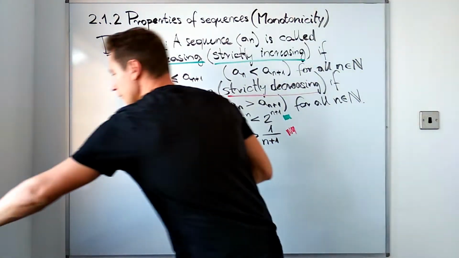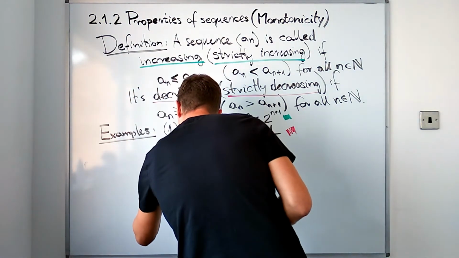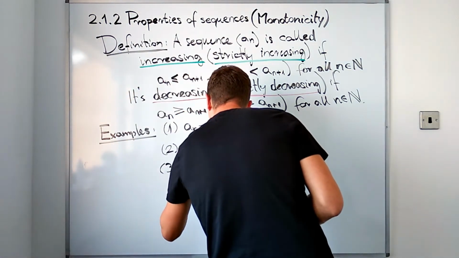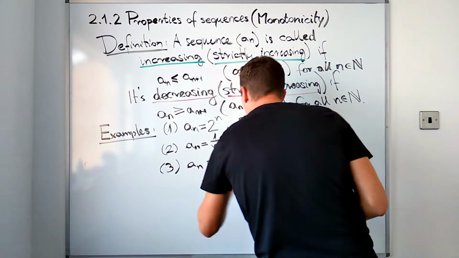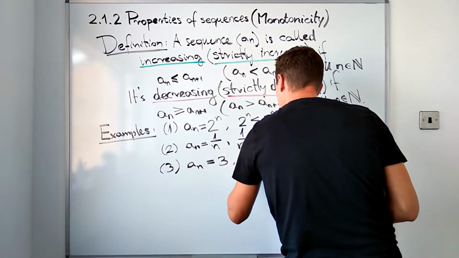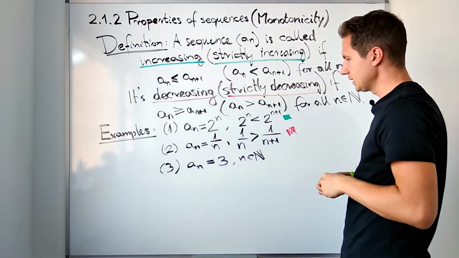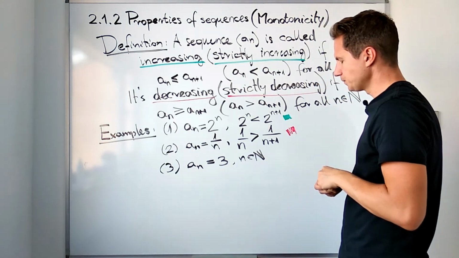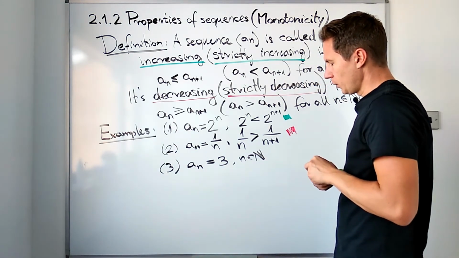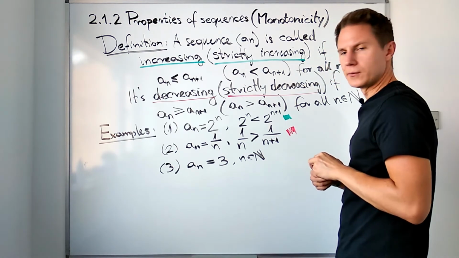For our third example, I'll give you the following sequence. a_n is equal to 3 for all indices. What about this sequence? Pause the video and select your answer below.